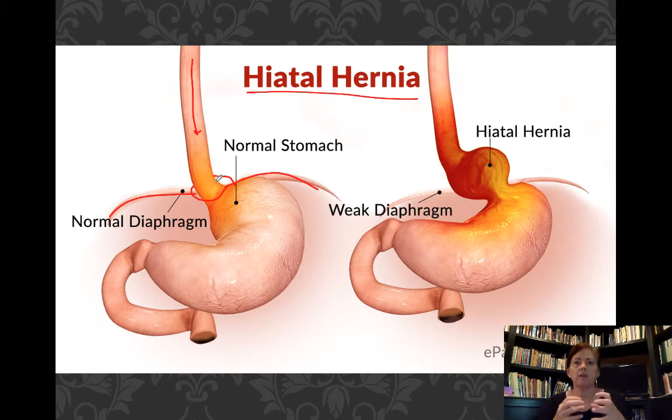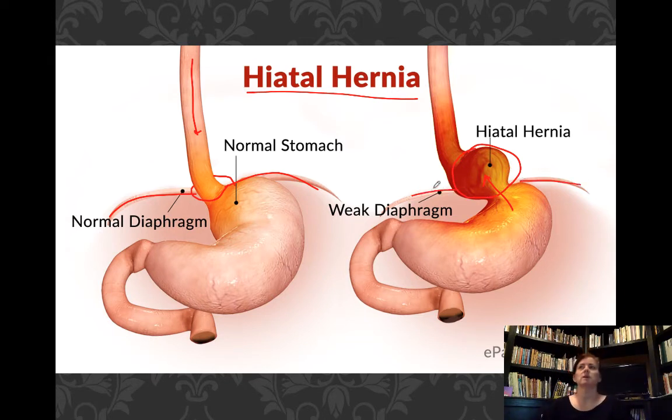It doesn't have a lot of muscle tone to help it out. So it's helped by that small hole through the diaphragm. But in some cases, that hole in the diaphragm becomes large and weak. And so what happens is part of the stomach actually herniates above the diaphragm. So you end up with this little pocket of stomach that herniates above the level of the diaphragm.